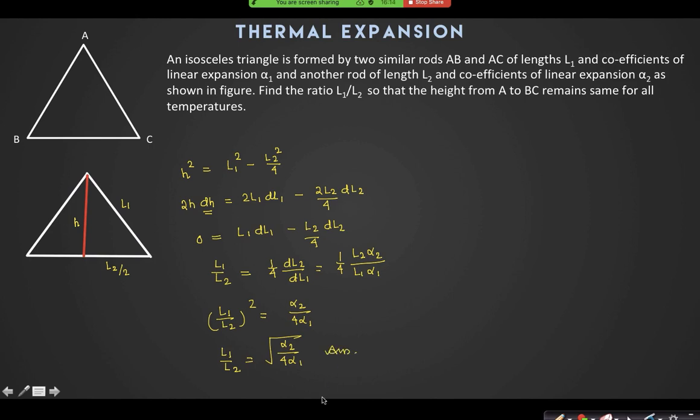That should be 1 by 2 times, since 4 is inside the bracket, you take it outside. Yes, sir, done. Your style was really nice. Have you got this one? Yes, a small change in temperature means you can always differentiate this.